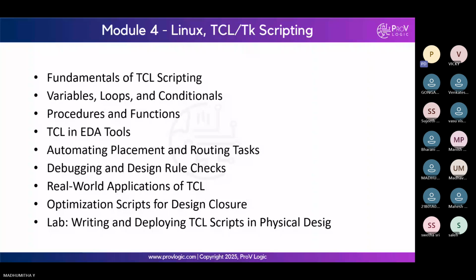We can add or remove buffers, use inverters, and use multiple types of cells like LVT, HVT, and SVT cells.